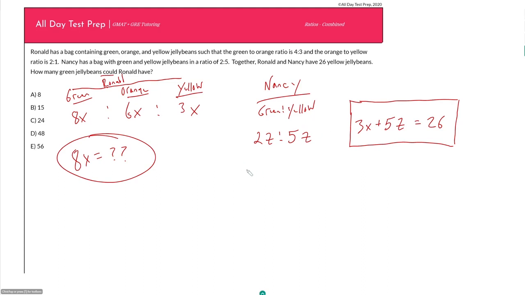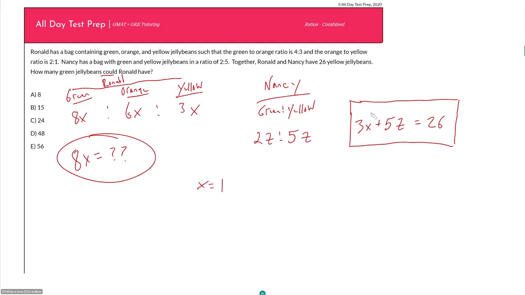And so if you think about it, if x and z could be anything, there are infinite possibilities here. But the fact that we have to have whole jelly beans means we are very limited in the numbers that we can have. For example, if we start plugging in values for x, could x be equal to 1?